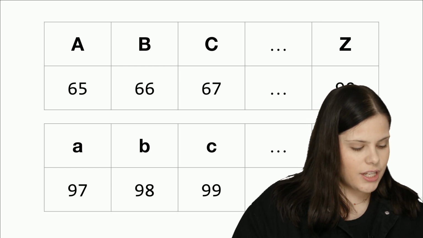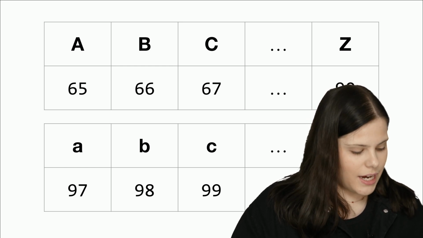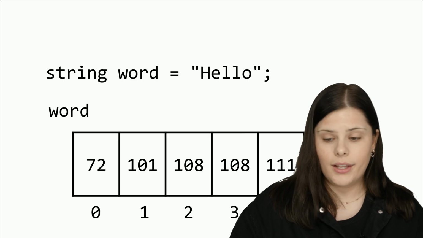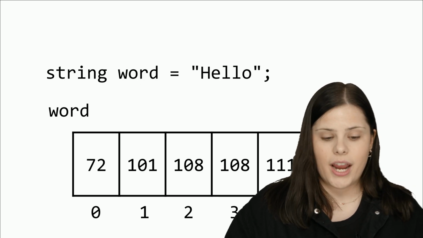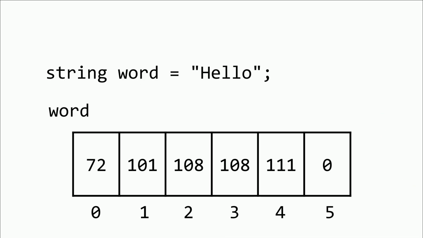Well, actually, what the computer sees is not hello, but actually the numbers, right? So H will be 72, and then E will be 101, and there is this correspondence between the letters and the numbers using the ASCII chart. And again, the very last element will be 0, because the null character in the ASCII chart world is just 0.